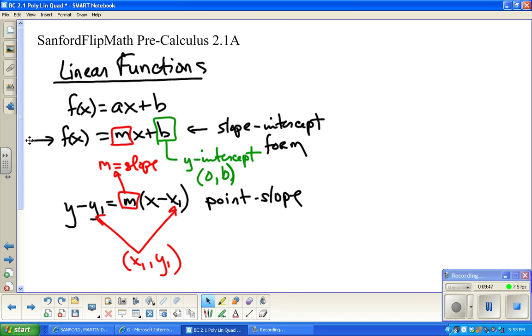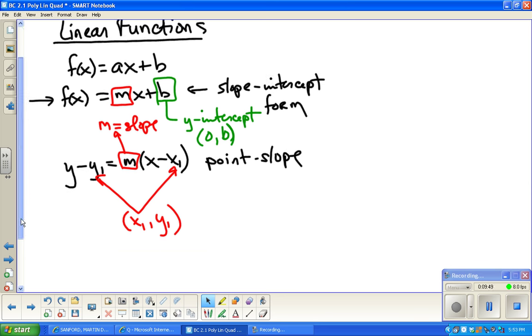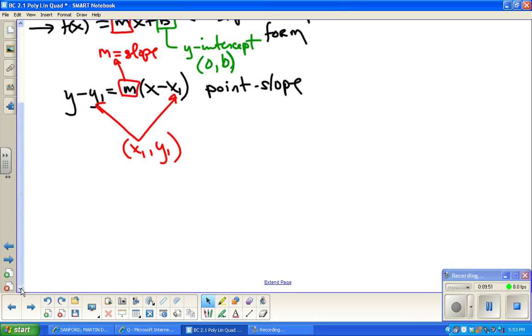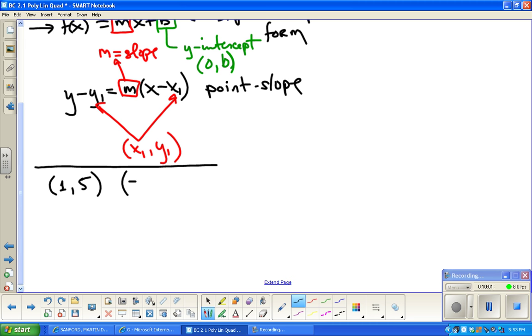Okay. Well, let's do a couple examples. Okay, and the examples that we're going to focus on are the ones that are a little more interesting, and that's writing equations. So like if I have (1, 5), and let's say (-3, 11), we're going to write the equation for this line.